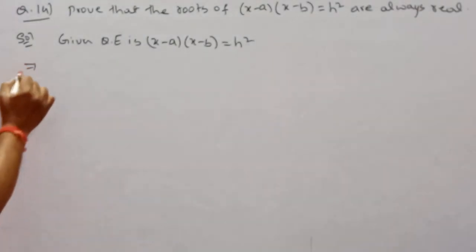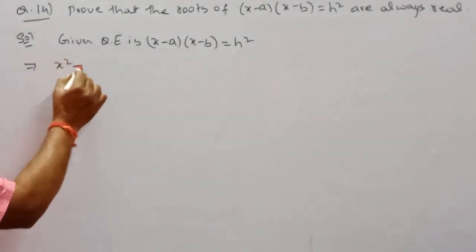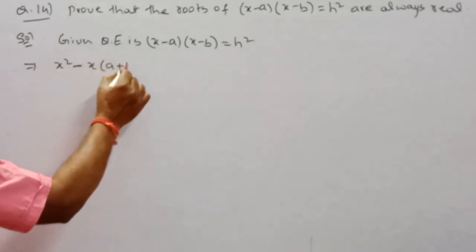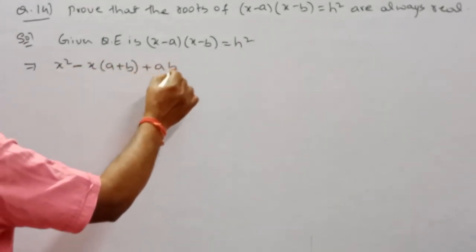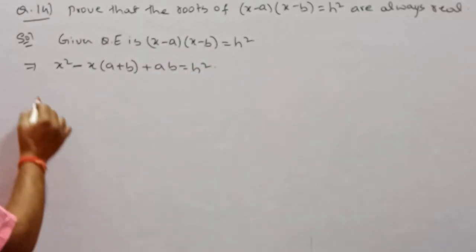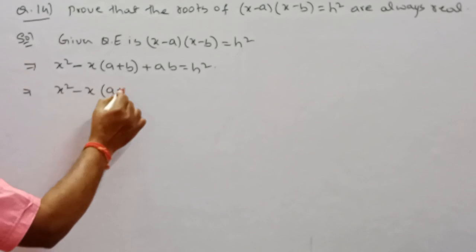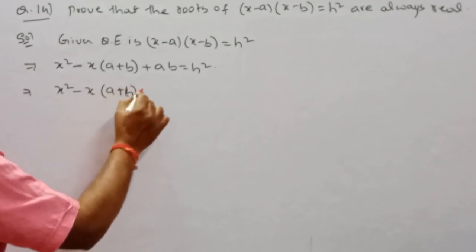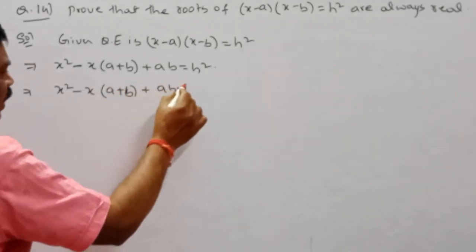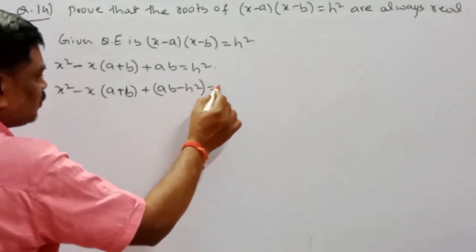This can be written as x square minus x(a plus b) plus ab equals h square, that is x square minus x(a plus b) plus ab minus h square equals 0.